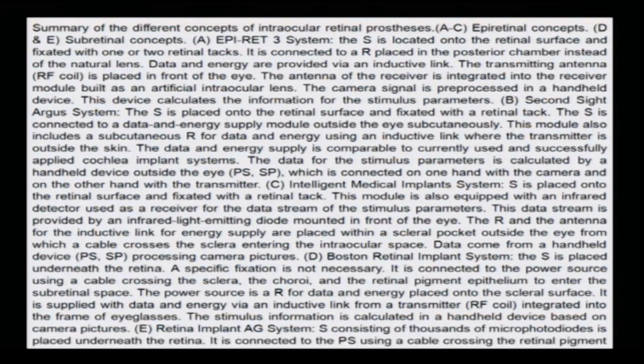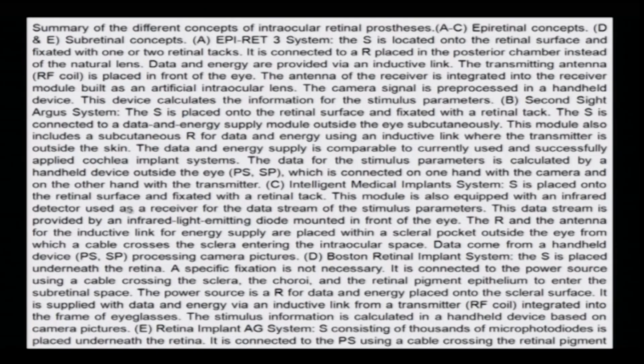And if you look at the summary of it, please go through this summary of the different concepts of intraocular retinal prosthesis, and it could be an epiretinal concept or it could be a subretinal concept. So, these are the details for those who are interested to understand the different systems. There is something called the Boston retinal implant system, please go through it.